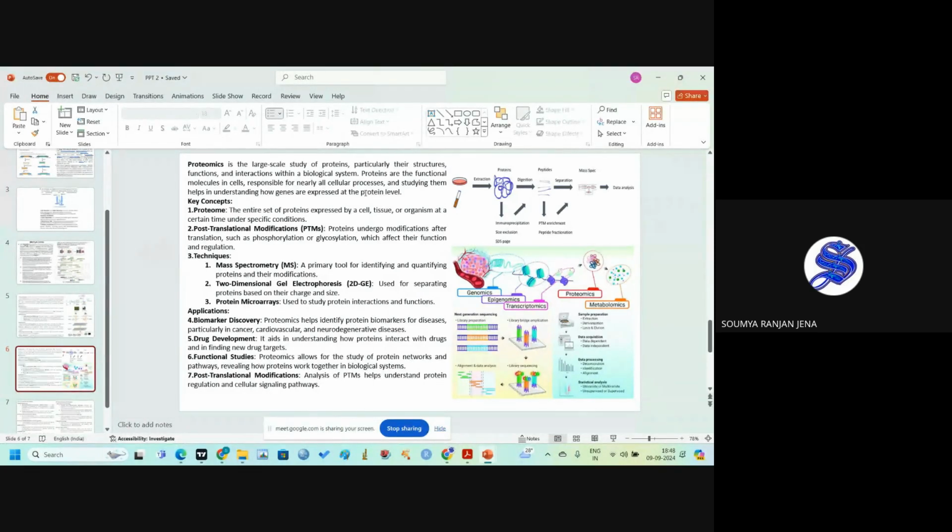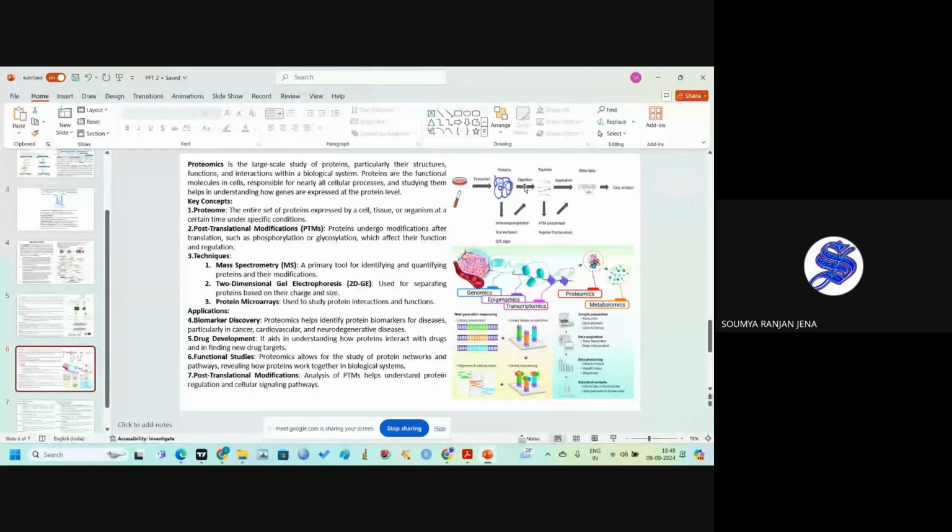Then how do we analyze that? In proteomics, we first extract all the proteins of the cells or tissues. Then these proteins are digested. As we know, we can digest them by different enzymes.